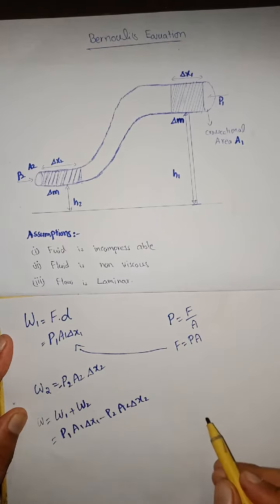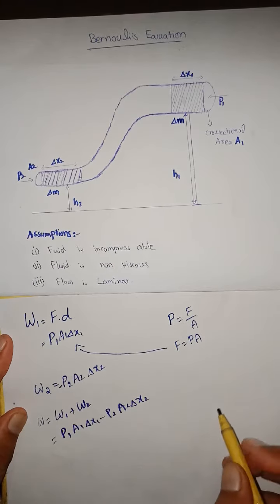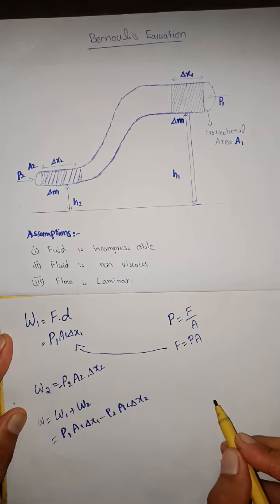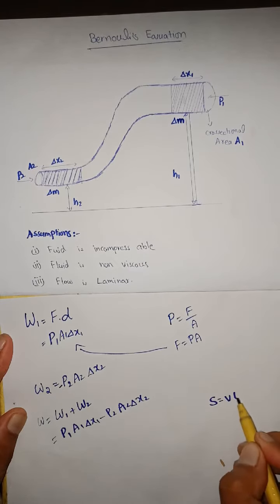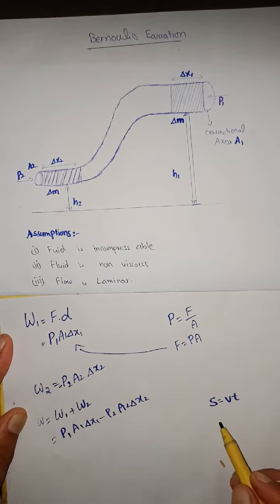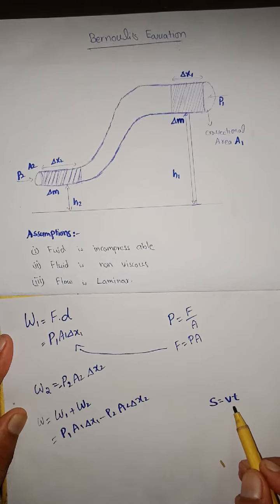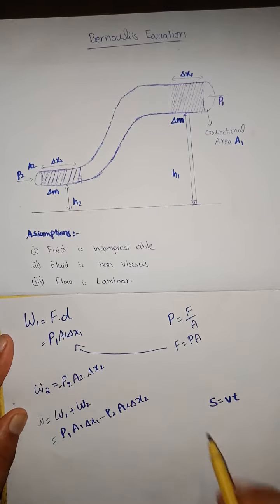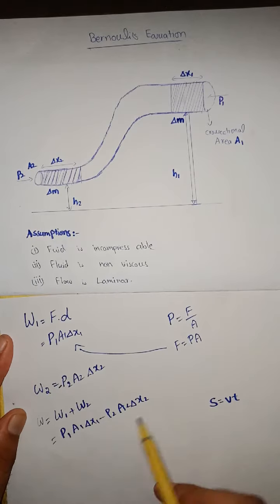As in our previous derivation, we assume that S is equal to vt. It is a very fundamental equation of physics. From here we can find distance from velocity and time. Using this equation, we can find the value of delta x1 and delta x2.